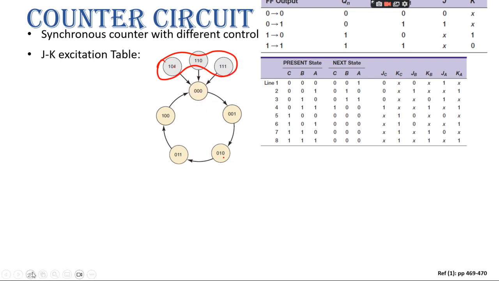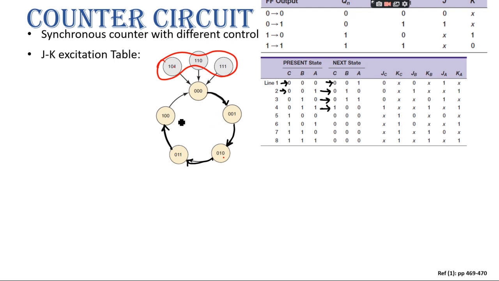Now, when 0 is my present state, my next state should be 1. When it is 1, the next state should be 2. When it is 2, the next state should be 3. When it is 3, the next state should be 4.